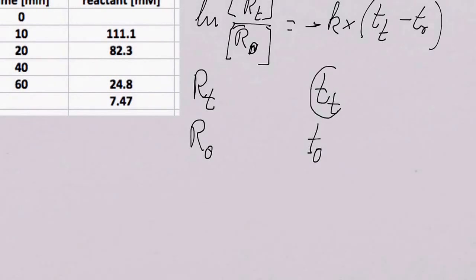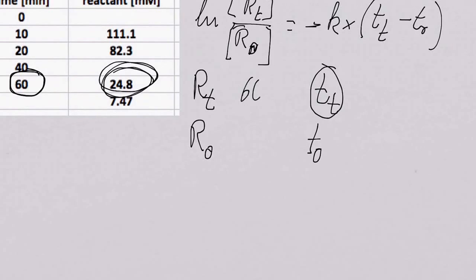For the time that I observe the reaction, I could use this one here, and the corresponding concentration. So I could use 60 here, and the time, oh, sorry, I got it the wrong way around. I have 60 minutes here, and the corresponding concentration is 24.8. Makes sense?